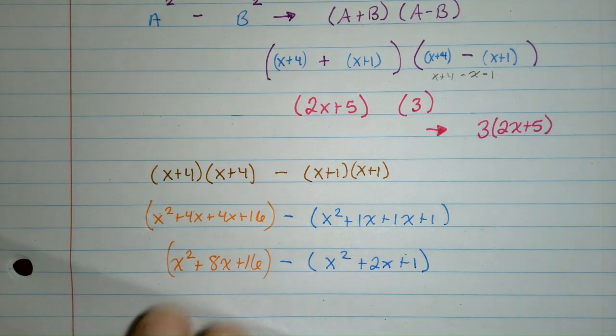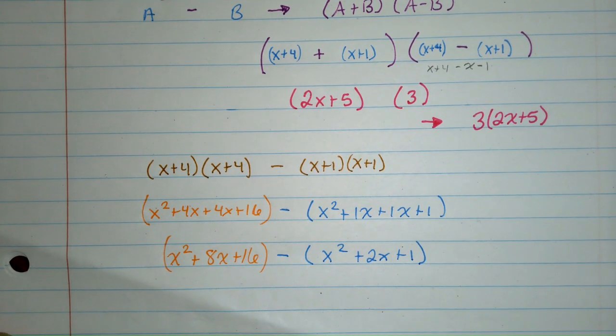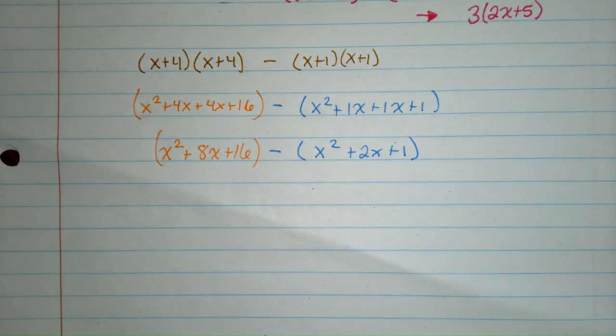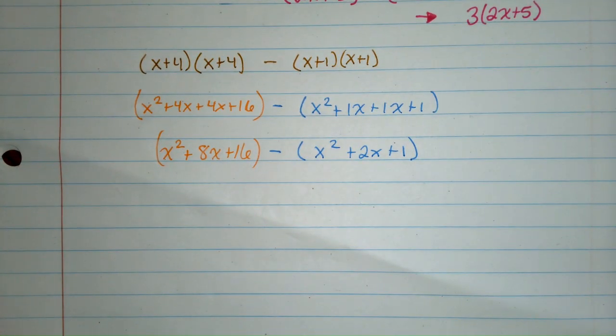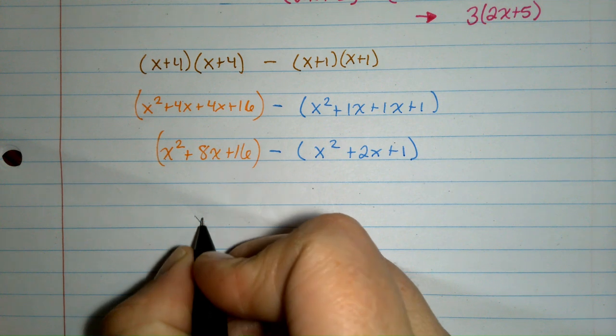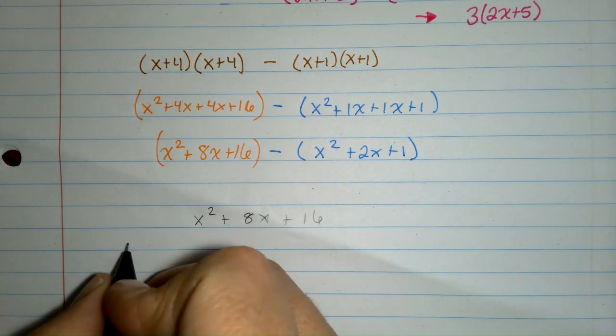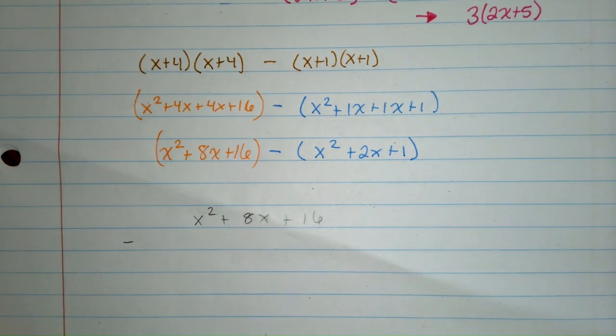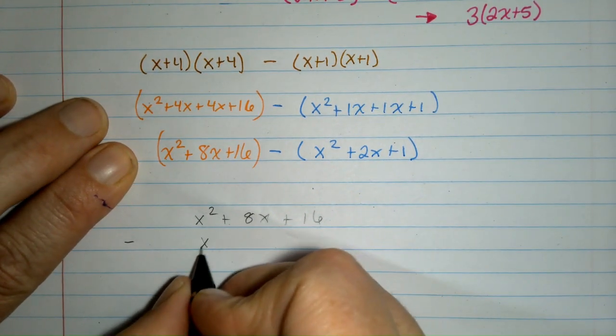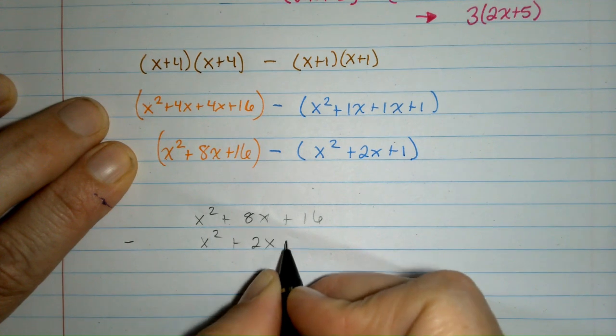Okay, so we have this minus that. And because I like to show things differently at different times, I'm going to actually do a vertical subtraction. x squared plus 8x plus 16 minus, notice how I wrote that very far out front, x squared plus 2x plus 1.